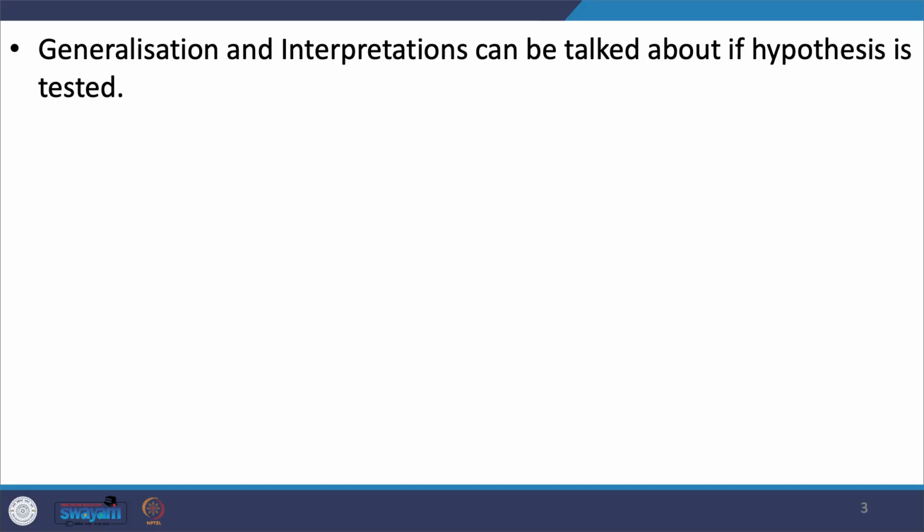If the researcher had no hypothesis to start with, generalizations established on the basis of data may be stated. Generalizations and interpretations can be talked about if the hypothesis is tested and upheld several times.